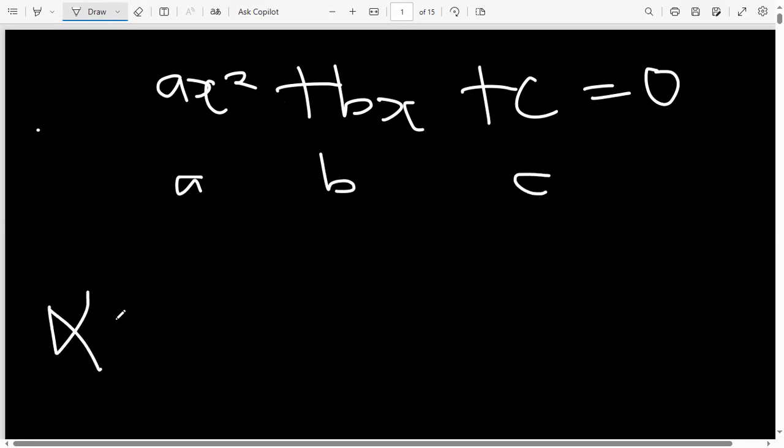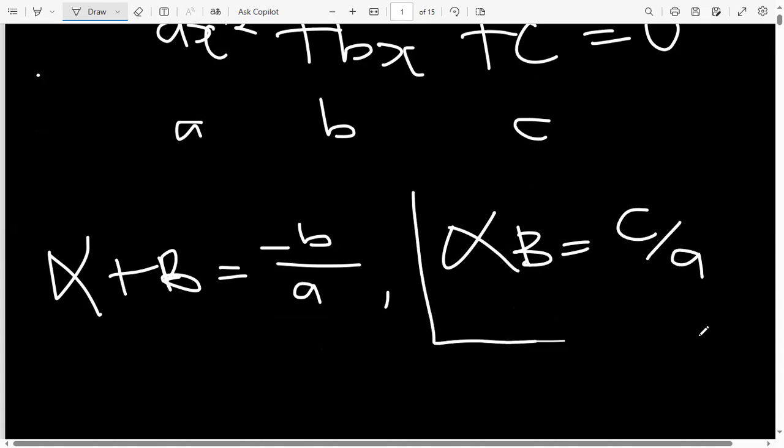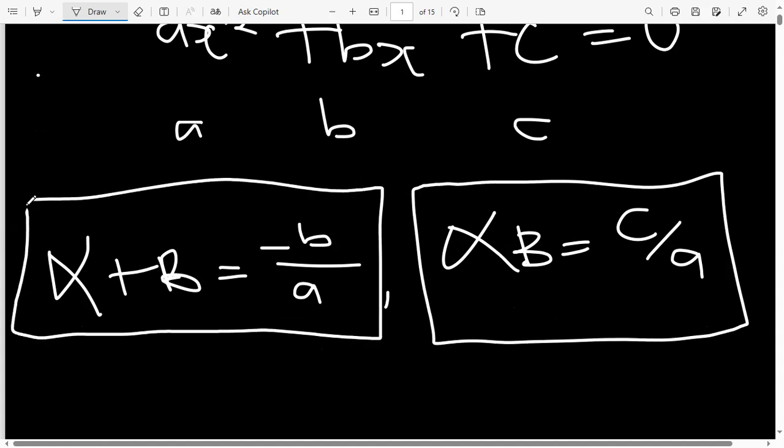When you get alpha plus beta, this is the same as minus b over a. And when you multiply alpha by beta, you get c over a. These two equations are the primary equations you have to know when dealing with alpha and beta roots, because everything we are going to do will revolve around these two concepts.